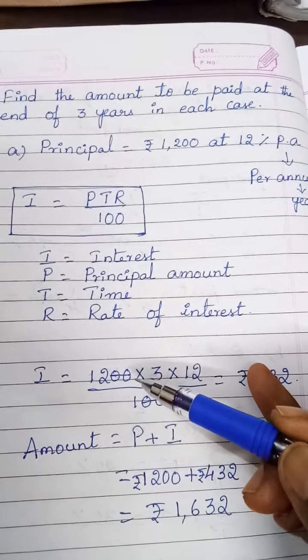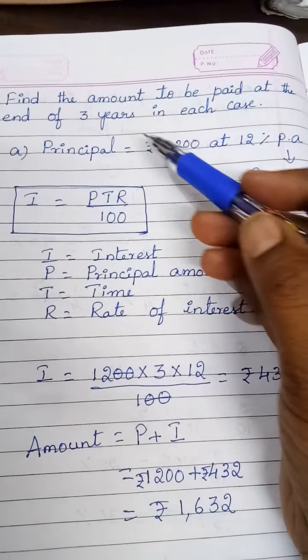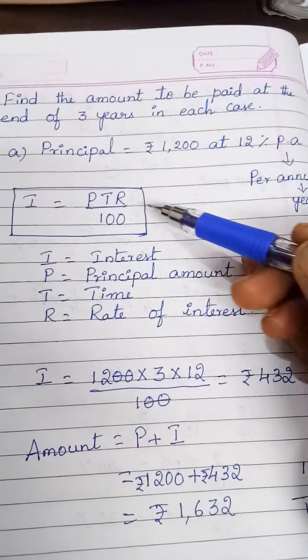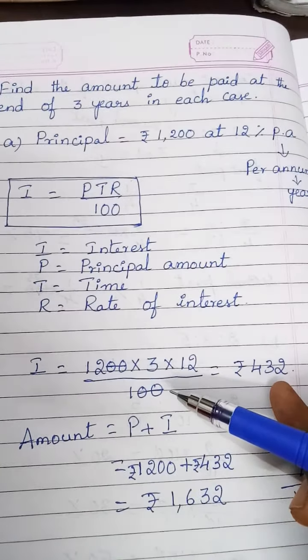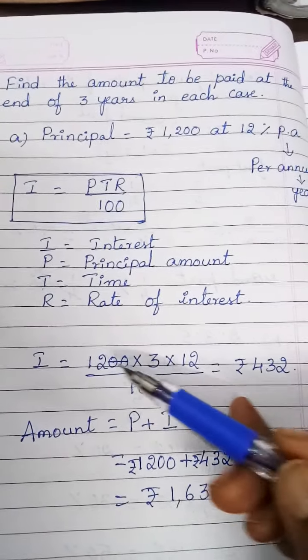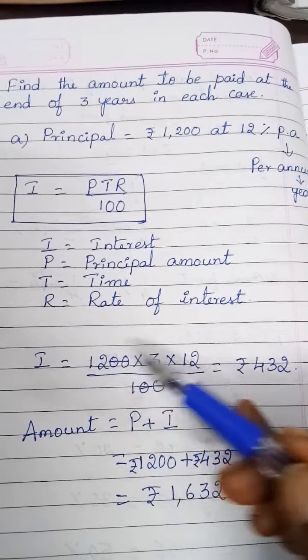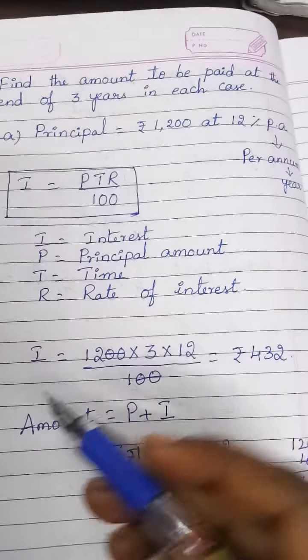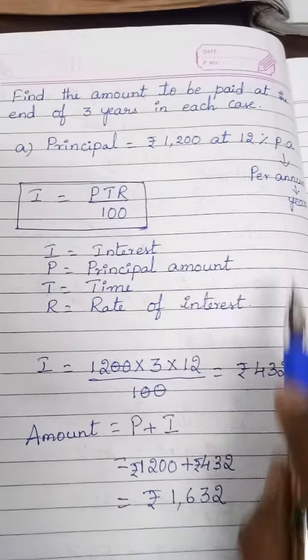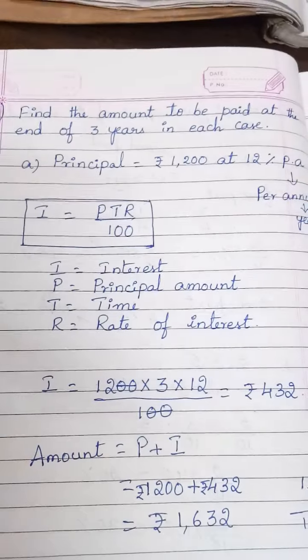So 1200 into T, time, is 3 years, 3 into our rate of interest 12, divided by 100. If you do the cancellation, zeros and zeros get cancelled. 12 12s are 144, 144 3s are 432 rupees. That is the interest amount you should pay at the end, along with the principal amount.